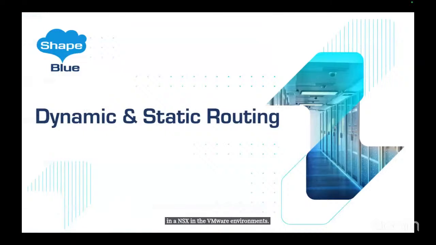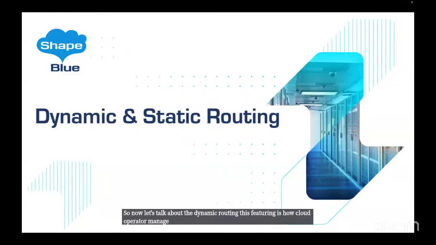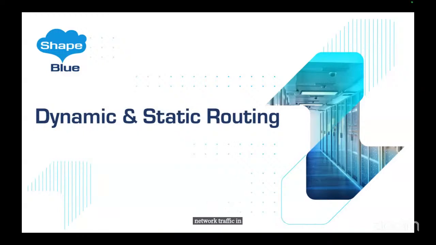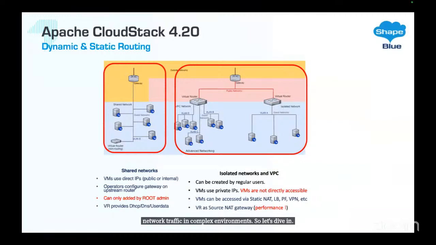So now let's talk about dynamic and static routing. This feature is how cloud operators manage network traffic in complex environments. So let's dive in. Before release 4.20, Apache CloudStack relied on NAT for virtual routers.